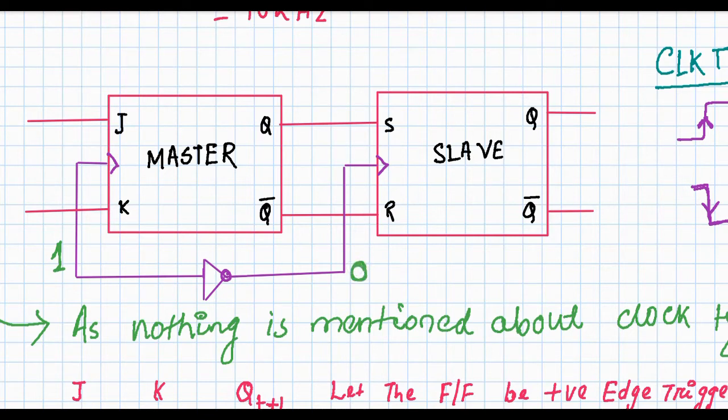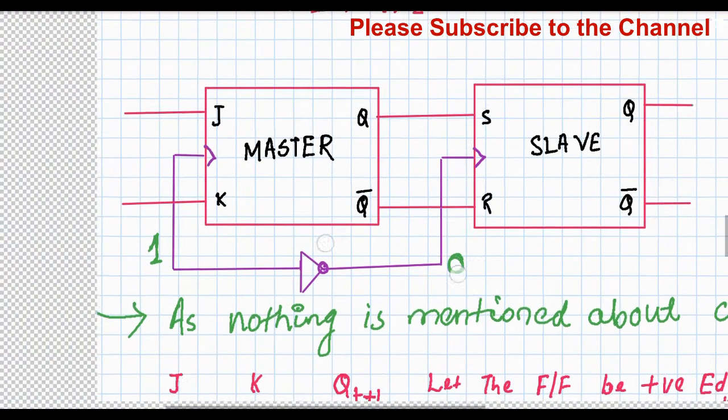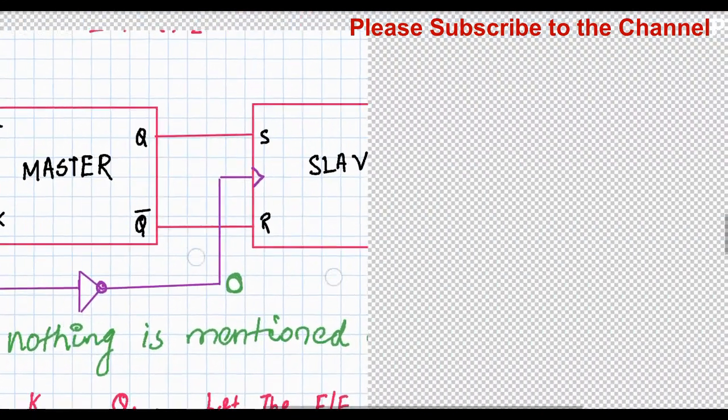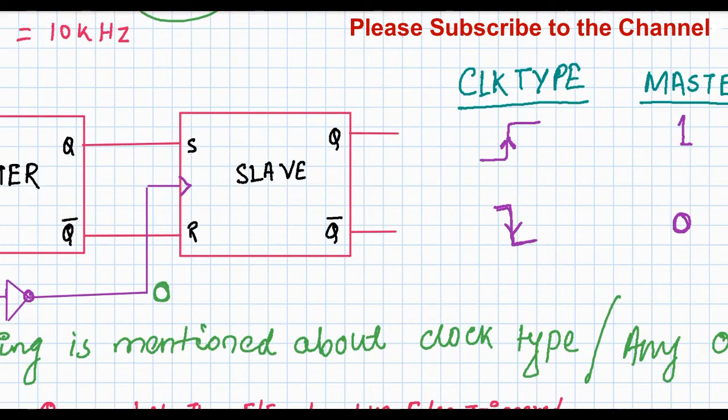If the question is given like this, suppose the slave is turned on or enabled with a low signal, then what will be the signal for enabling the master?